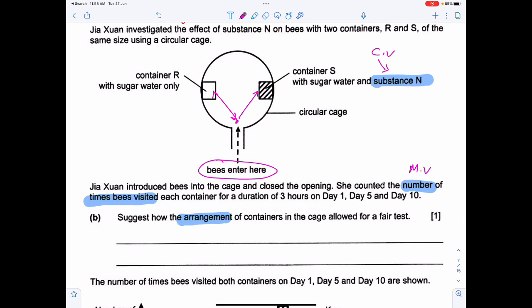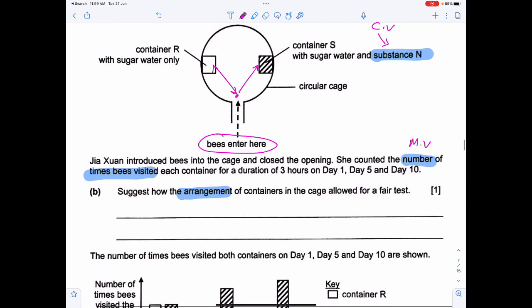And why you use a circular container, a sphere, is to ensure that the distance from the entrance is the same. Okay? So when you talk about distance, you need to also mention from where to where is the same. Alright?